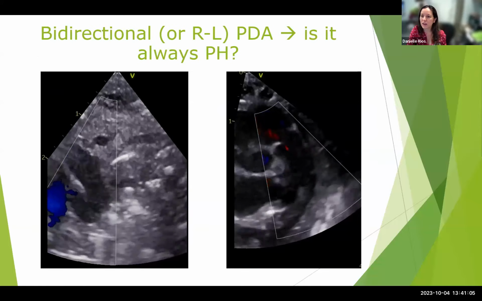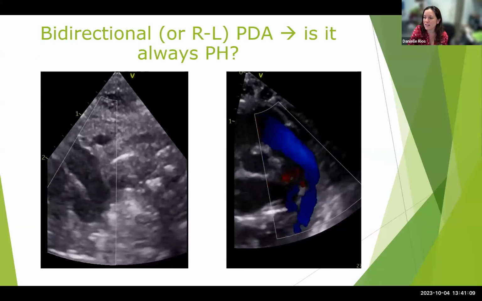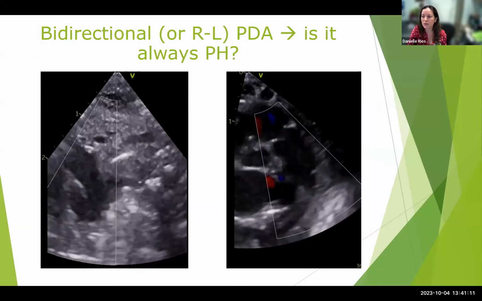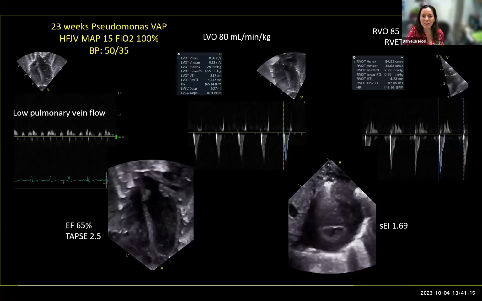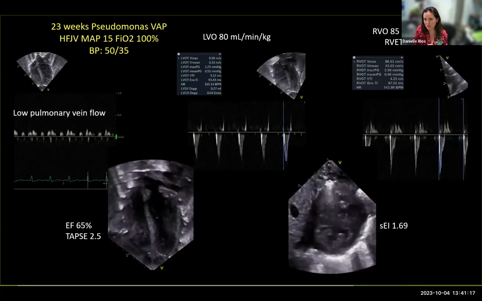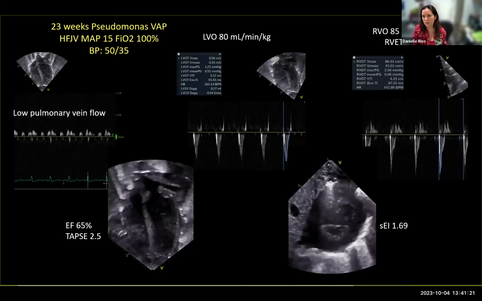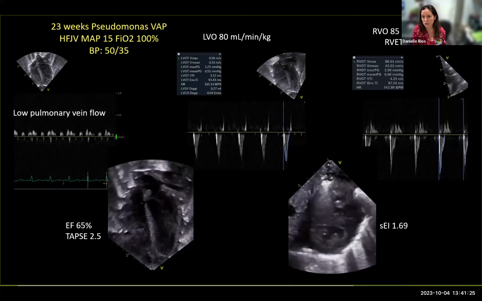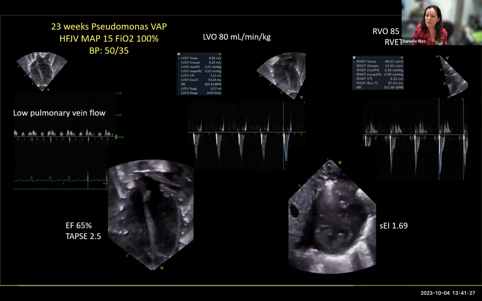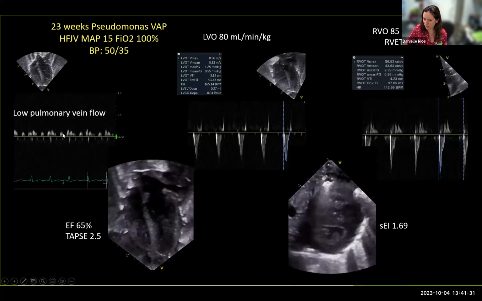So the other question is, when you do have a bidirectional or right to left PDA, is it always pulmonary hypertension? This goes back to something that we talked about early on. So you have a small baby, a 23-weeker, who's on the jet ventilator with a MAP of 15, but requiring 100% FiO2. Blood pressure is 50/35. Here's your pulmonary vein flow, and you can see that it's pretty low.